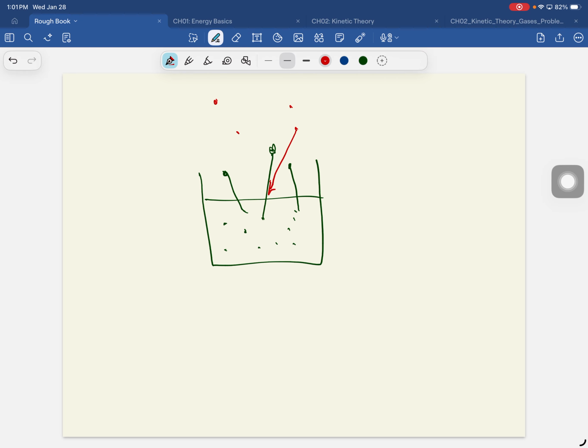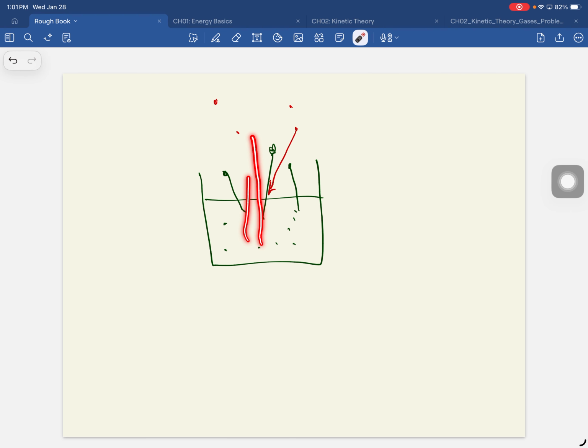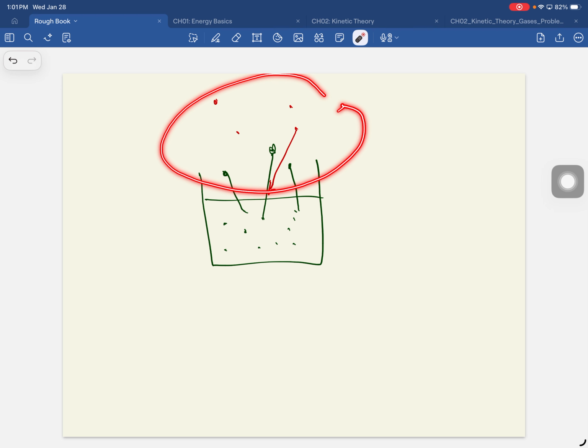For instance, in this room right now the temperature is 20 degrees Celsius. By the way, 1 atmosphere is 10 to the power 5 pascals. A pascal is Newton per meter squared, so this is the unit we will be using. And this is 10 to the power of 3 pascals, that's 1% of the atmosphere.